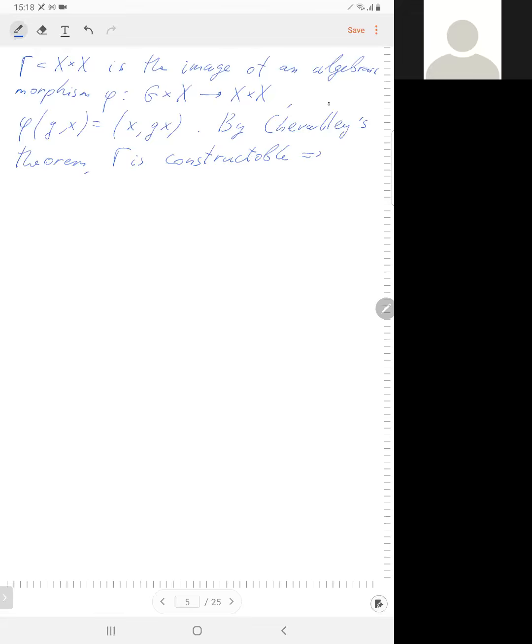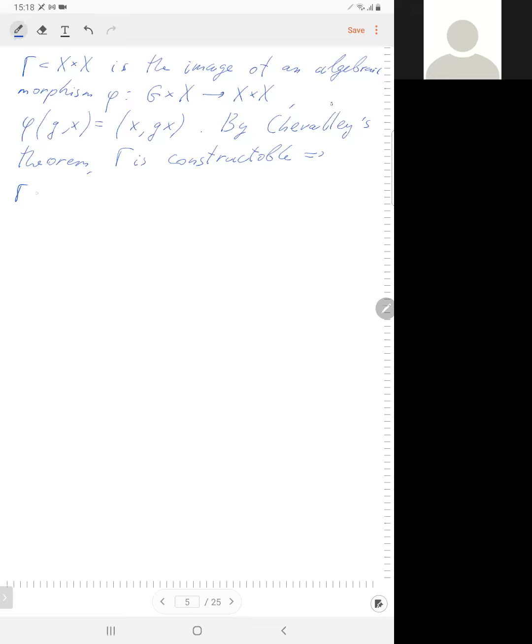And hence it contains a subset U that is locally closed in X, and it is sort of almost open in gamma, so that gamma lies in the closure of U. So the closure of U is closed, and gamma is big there.